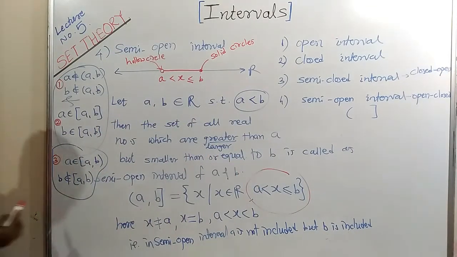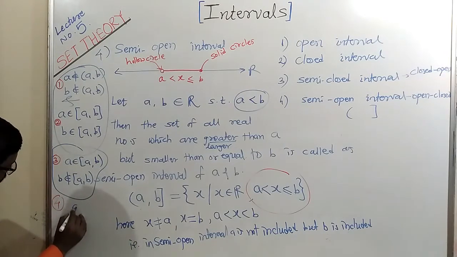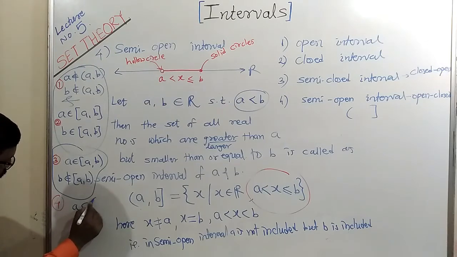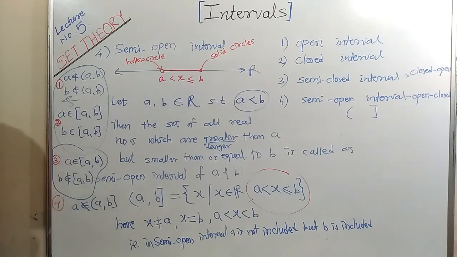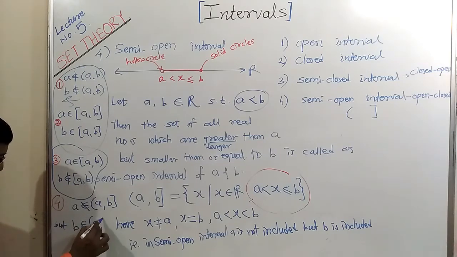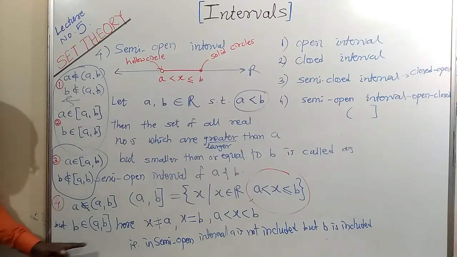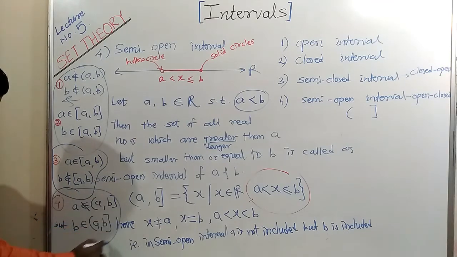Here A does not belong to open A close B, but B belongs to the open closed interval of A and B. So B belongs to open A, close B. So this is the fourth type of presentation.